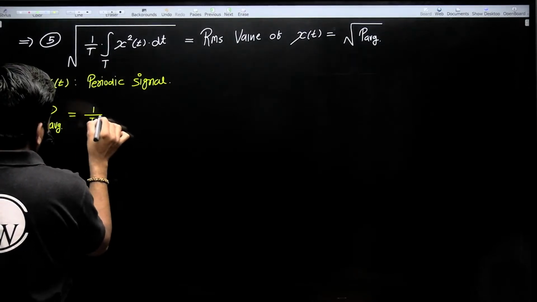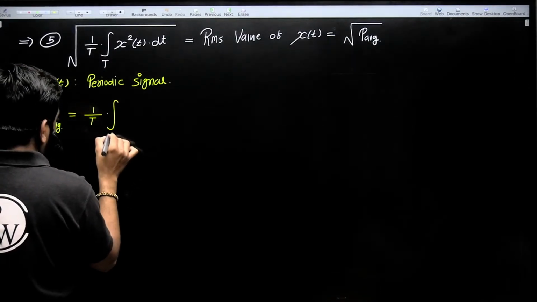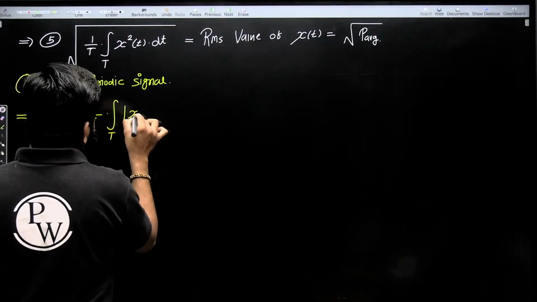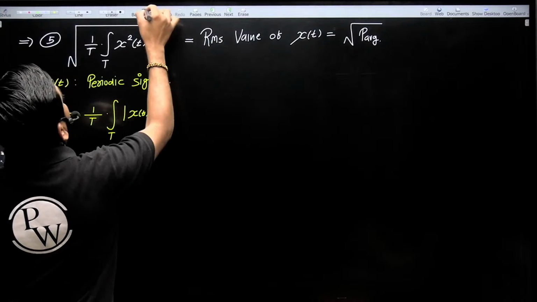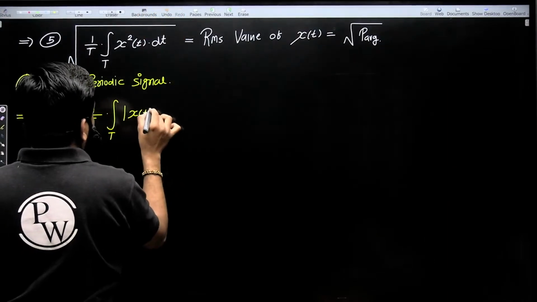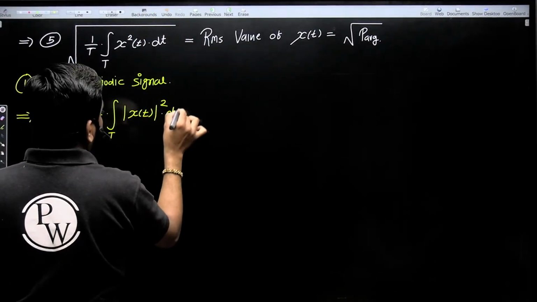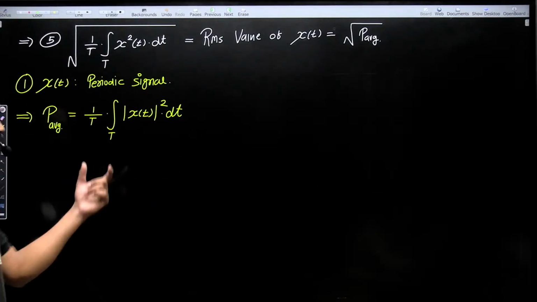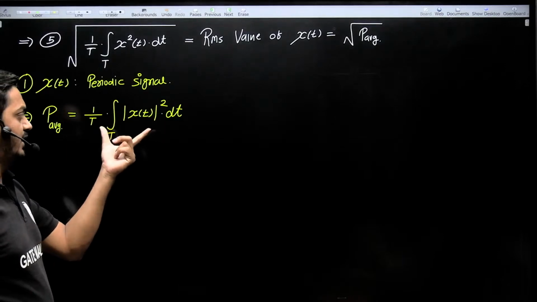1 by T integration over a fundamental time period. Again, if it is a complex valued signal, then you have to take the modulus, magnitude, mod x of t whole square dt. So here you can simply see this is the formula of energy over a fundamental time.